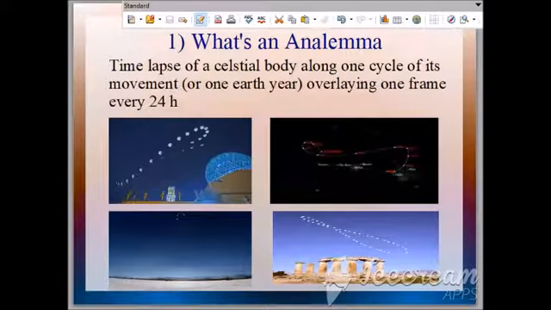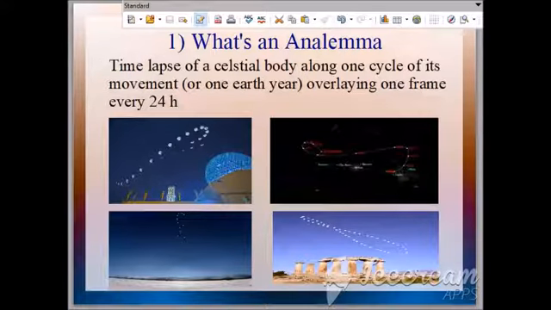So first, what's an analemma? This is my own definition, or my understanding of an analemma. It's not the official one, like from Wikipedia whatsoever. The analemma is a time lapse of a celestial body along one cycle of its movement, like a month or a year, or one Earth year, overlaying one frame every 24 hours.